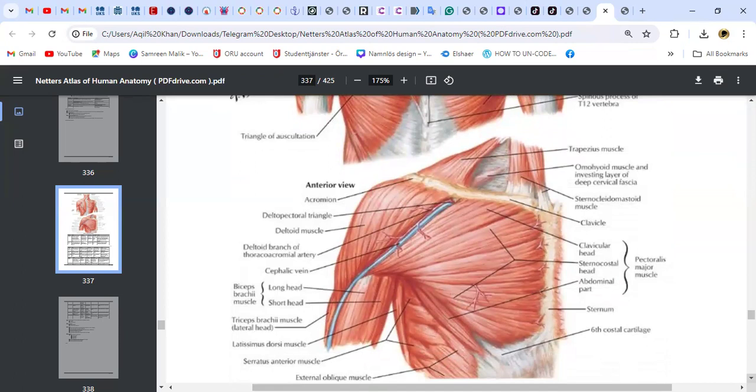No. Anyhow, it takes its origin from the subscapular fossa and inserts into the lesser tubercle of the humerus, supplied by the superior and inferior subscapular nerve. And its function is that it medially rotates the arm and adducts. It also helps hold the humeral head in the glenoid cavity. So that's also one of its functions.